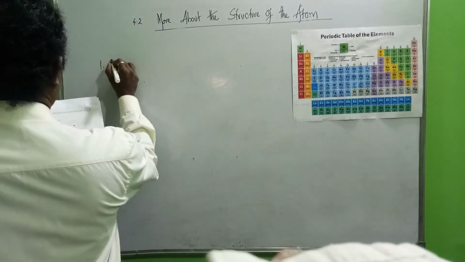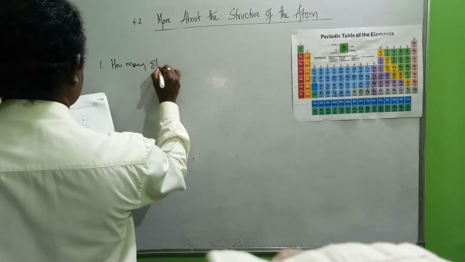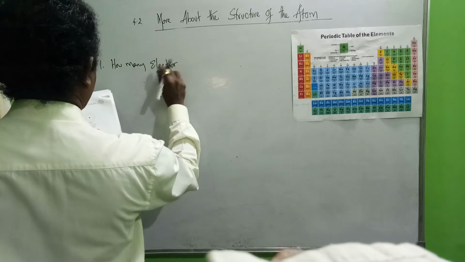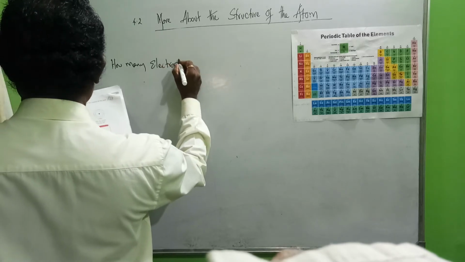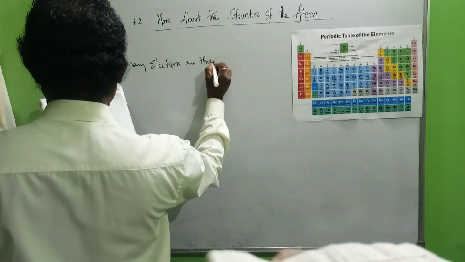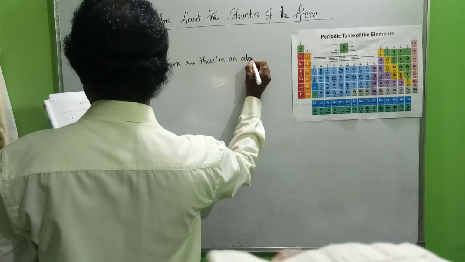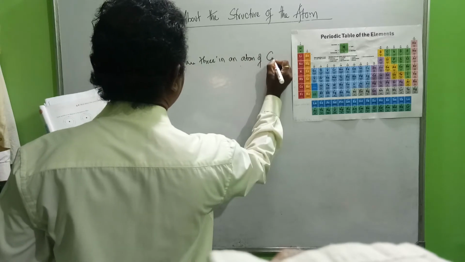First question: how many electrons are there in an atom of carbon?